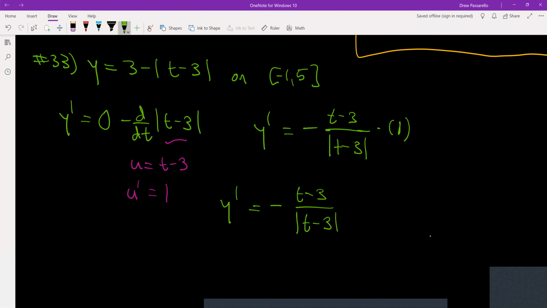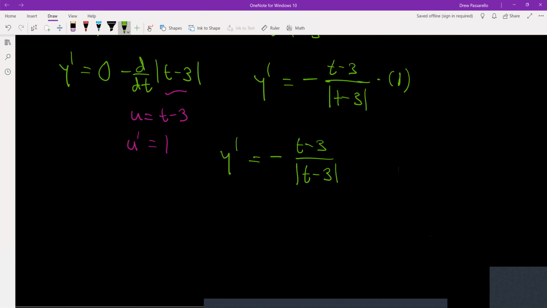Now for this negative, I could put it up in the numerator. If I were to put it up in the numerator, it'd be negative, and then you apply the negative sign to the whole quantity t minus 3, so I usually put it in parentheses.